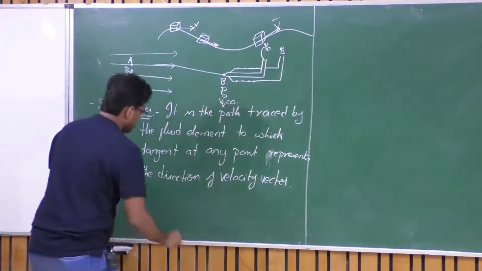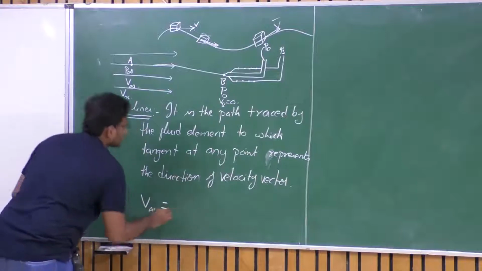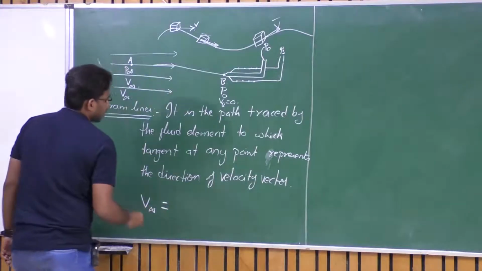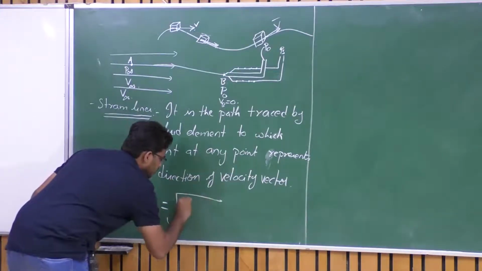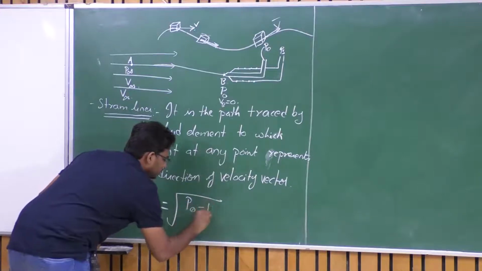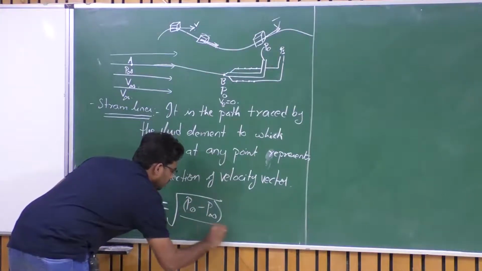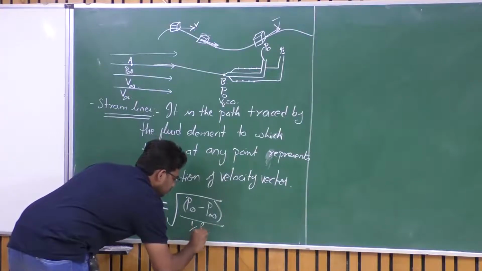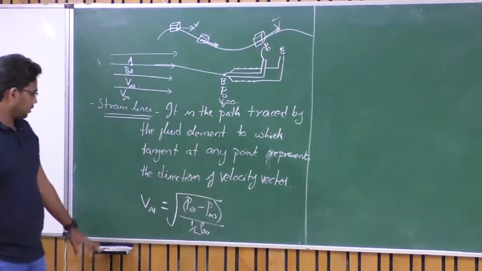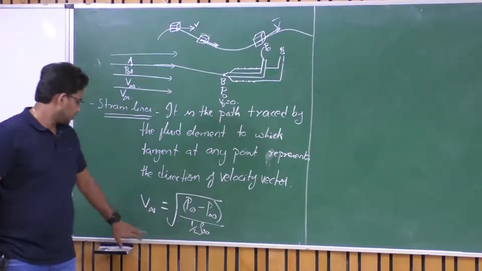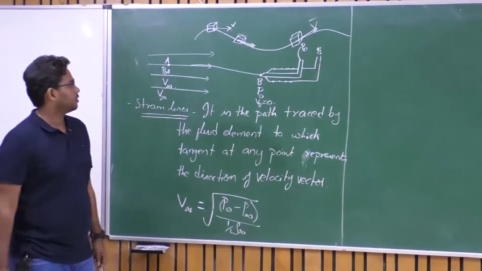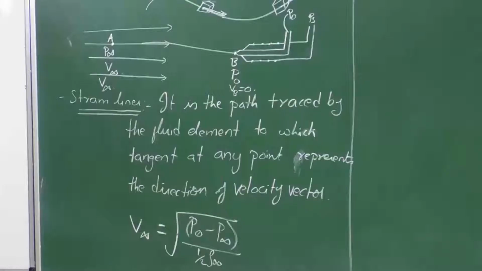From here we are able to deduce using the Bernoulli equation: P naught minus P infinity upon half rho infinity, where rho infinity is the density. So if you know the differential pressure and the corresponding density, we will be able to figure out what the velocity is here, right?